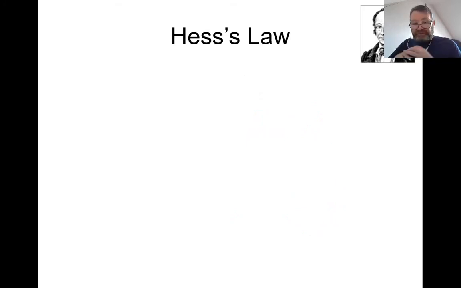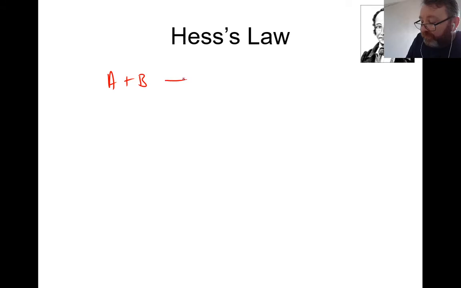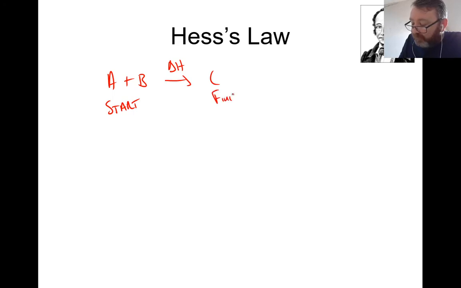Now, here's Hess's law, and this is a definition again that you have to remember. Hess basically said the following. If you have a reaction, A plus B going to C, okay? What Hess said is the following. The energy change for this particular reaction only depends on where we start and where we finish, and doesn't care about the pathway.